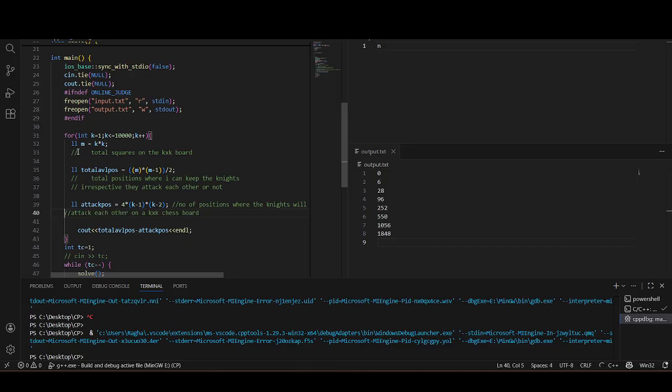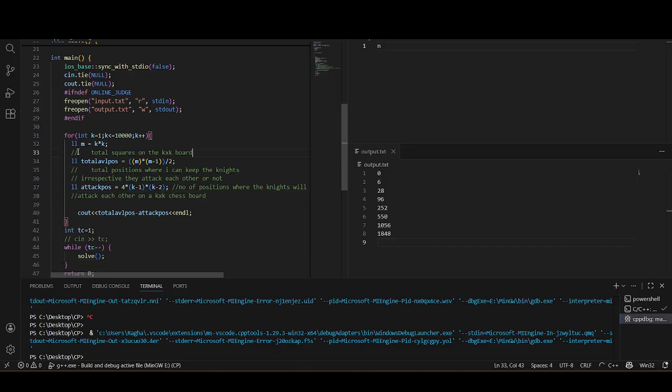Now instead of cout, I will simply store answer of k as total available positions minus attack positions, since we are using the variable name k.